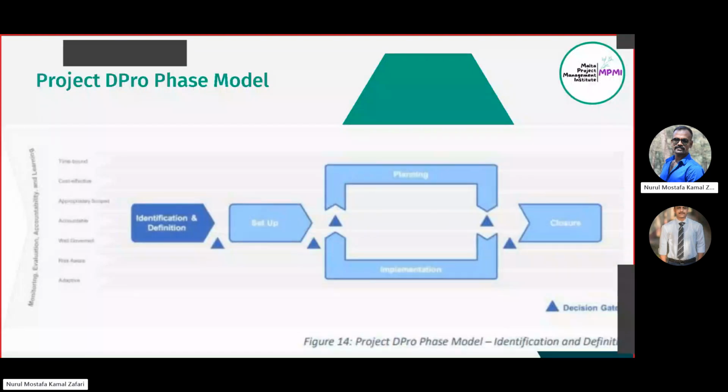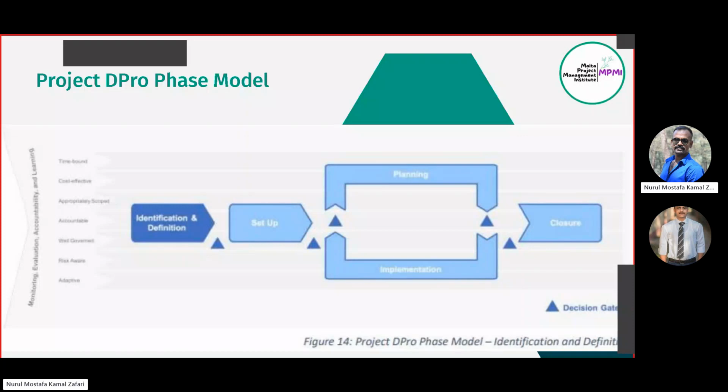Okay. So number 1, we have shared with you the DPRO guide. The DPRO guide was developed by different development organizations around the globe and also humanitarian agencies around the globe. But now the DPRO guide is owned by PM4NGOs USA.